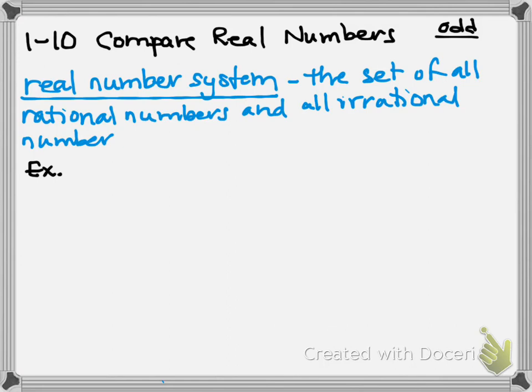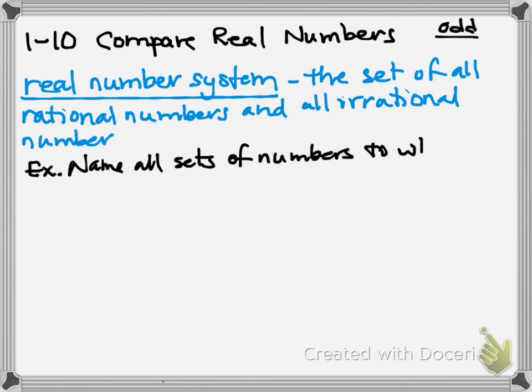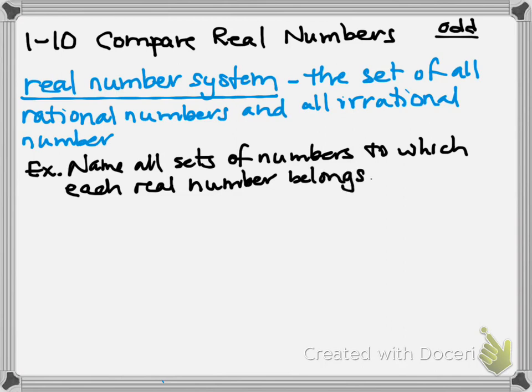An example would be: name all sets of numbers, and I'm copying exactly what the book says, to which each real number belongs. The reason I like to give you the exact wording that you see in the book is that we tend to use that exact wording on your quizzes and tests, and we want to make sure that you understand what they mean.